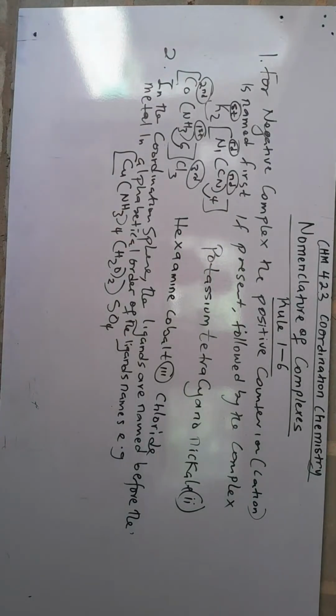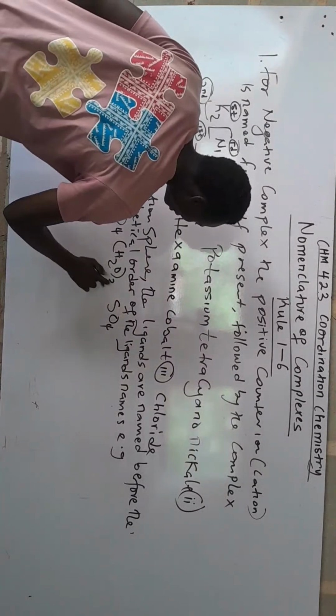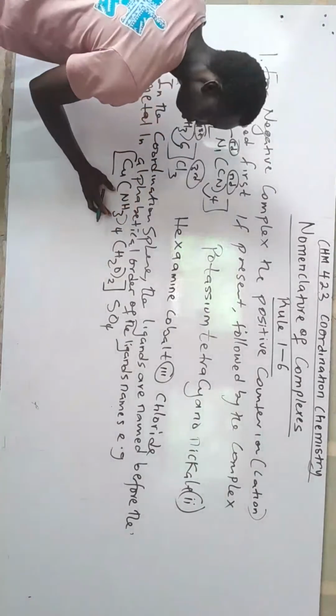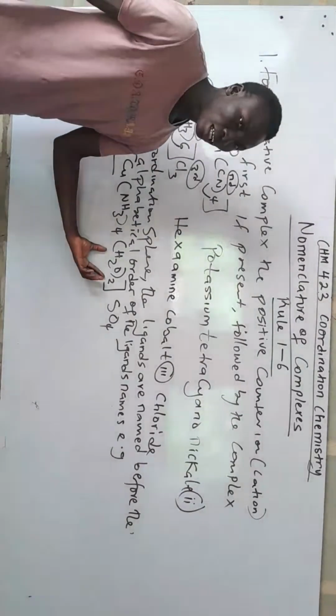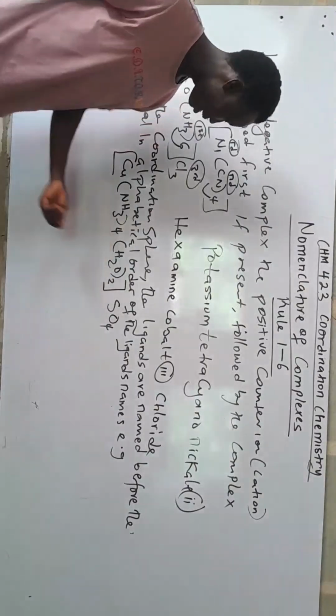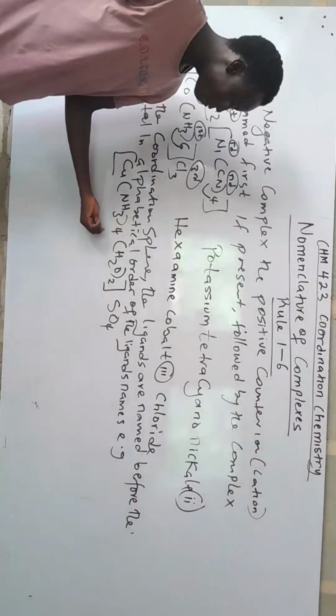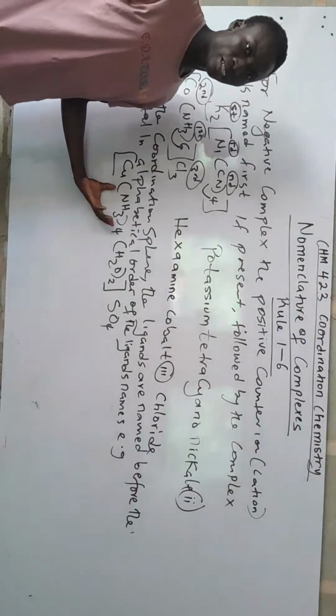Now, for this coordinate compound or complex that you are seeing there, if you look at the bracket inside, you see that we have two kinds of ligands here. For water, we have 2 of water here, and for amine, we have 4 of amine here.